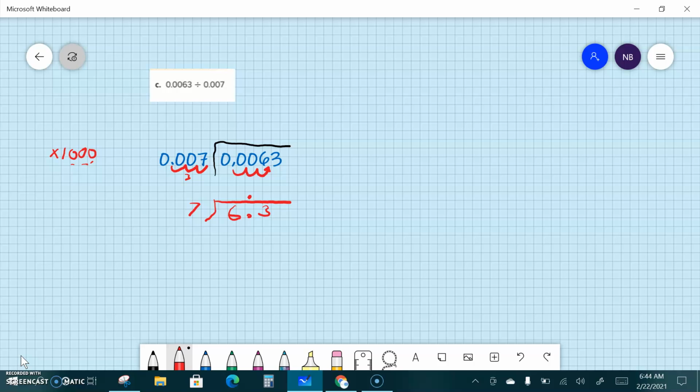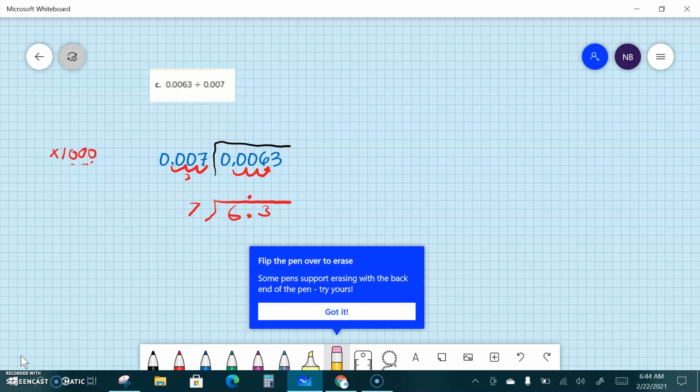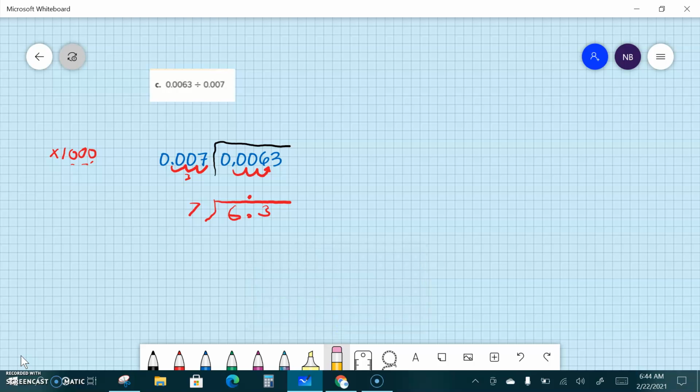Now we move the decimal up just like we've been doing all week, and we can take away the one on the inside. What it looks like now is 63 divided by 7.